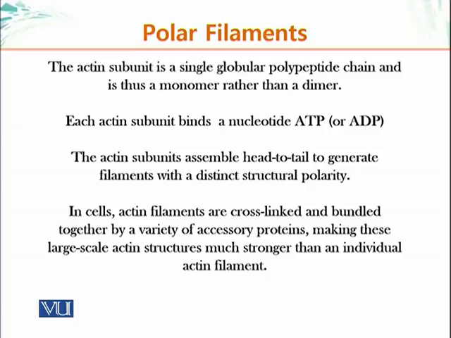I'll show you the diagram later, but for now, I would like to say that in cells, actin filaments are cross-linked and bundled together by a variety of accessory proteins, making the large-scale actin structures much stronger than the individual actin filaments.